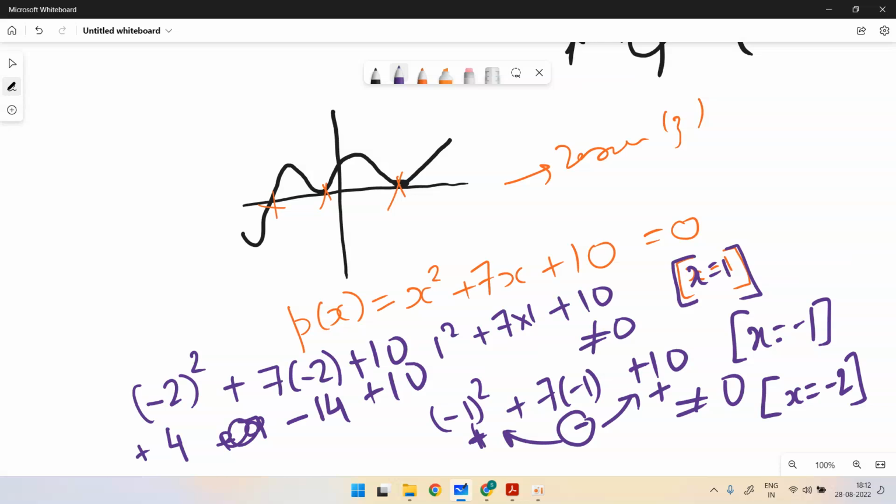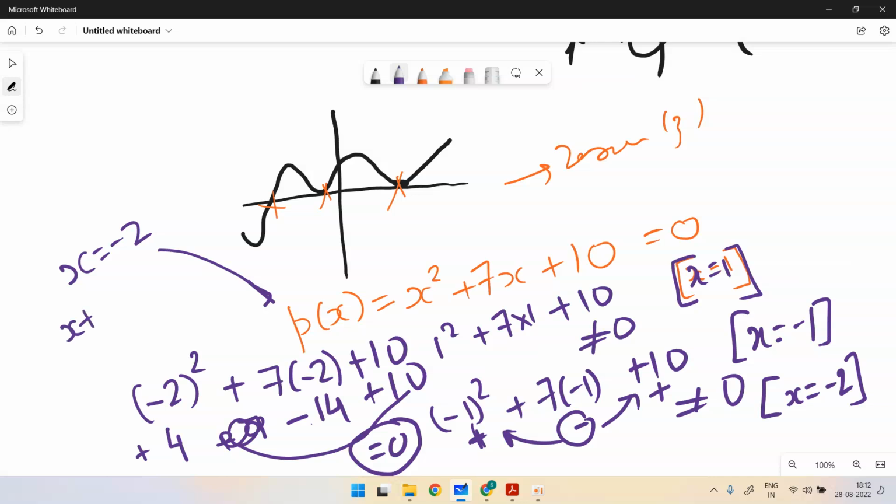Now 10 plus 4 is 14, and minus 14 is 0. So if x equal to minus 2 makes this polynomial 0, then you know that x plus 2 is a factor of p of x.